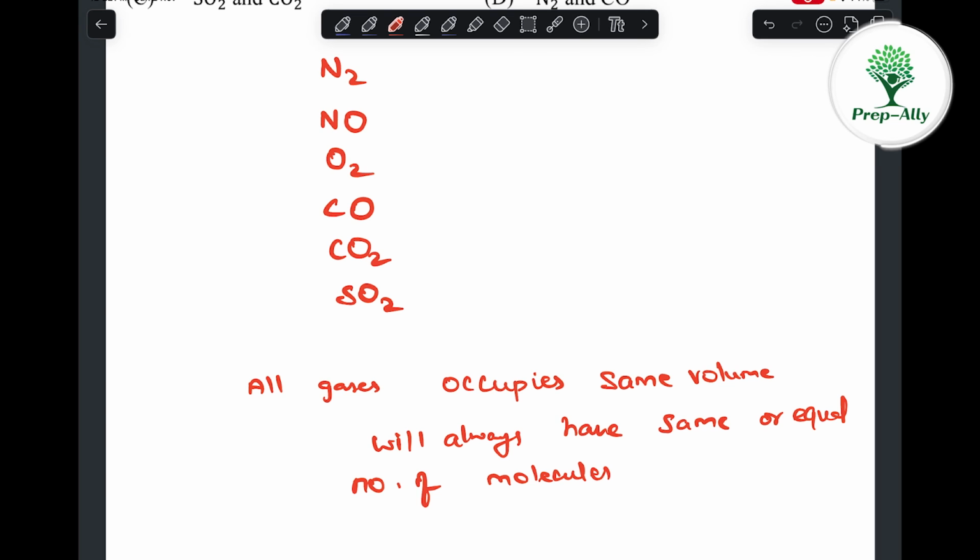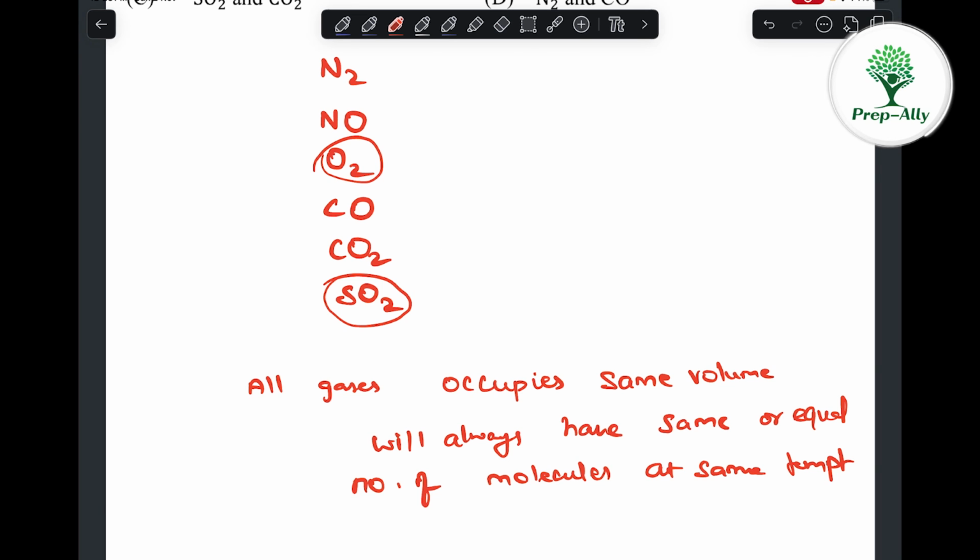So whatever gas you take, O2, SO2, whatever it is, it is going to occupy the same volume if it is at the same temperature. So if you count the number of molecules of O2 in one chamber and SO2 in another chamber with the same volume, the number will always be equal.